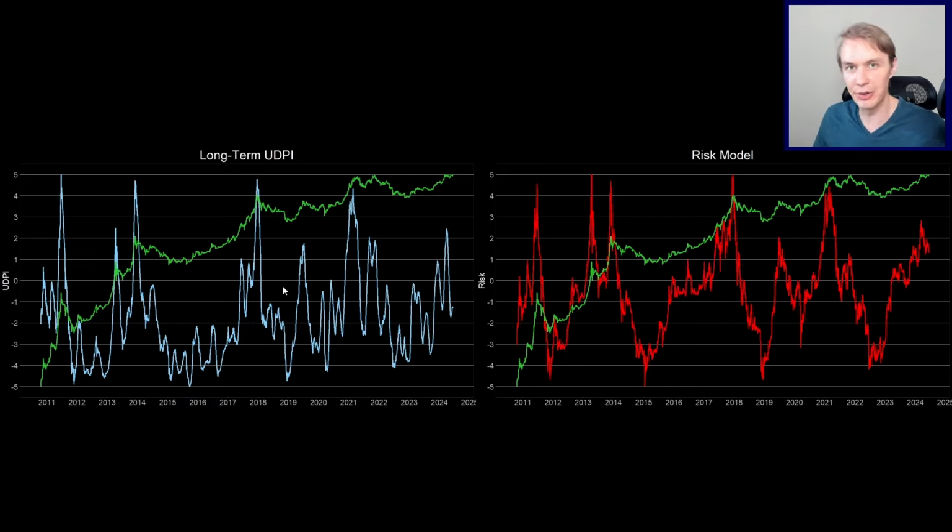And the other advantage of the UDPI over the risk model that I haven't gotten into here, but I'll briefly mention now, is that the UDPI is generalizable. You can apply it to a whole host of different assets in the crypto space, and you don't have to change anything about it. It's the exact same model. You just apply it to the new asset, and it's off to the races, and it works very well. Whereas with the risk model, these have to be tailored to specific assets. They can't just be generally applied like that.